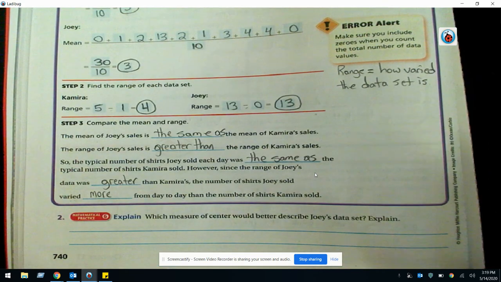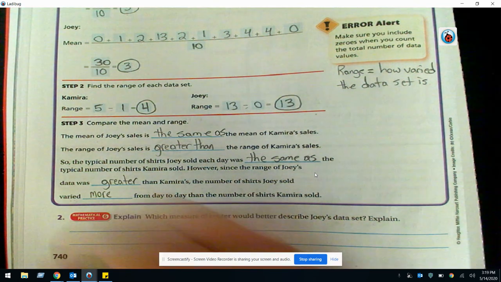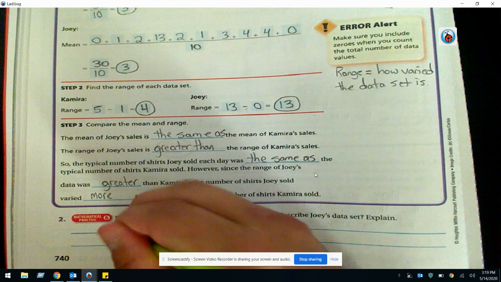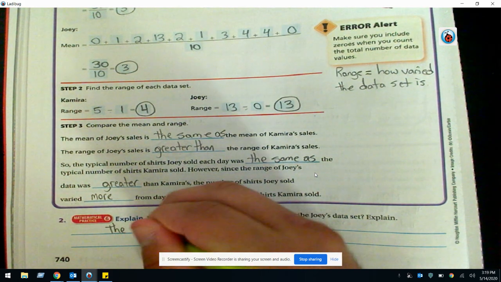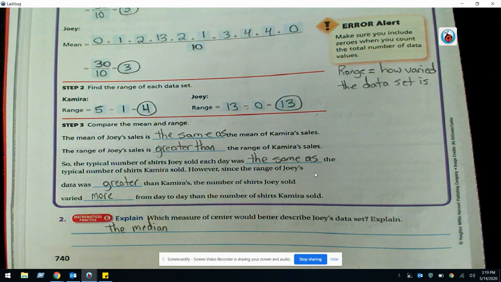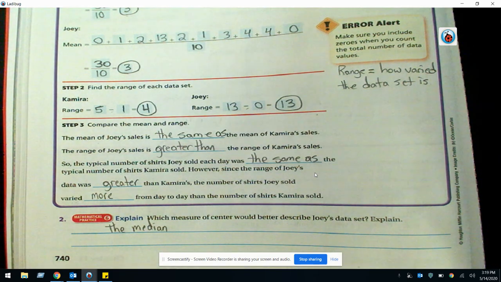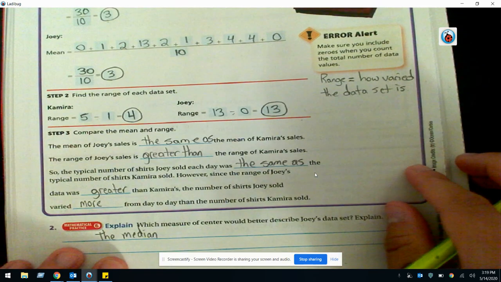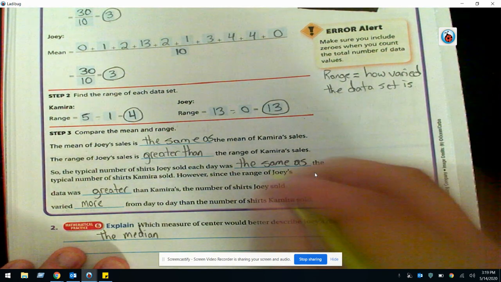Okay. Last part is which measure of center would better describe Joey's data set, and explain. The measure of center that we would say is the median. When we do the median of the data set, we would have to set it all up.